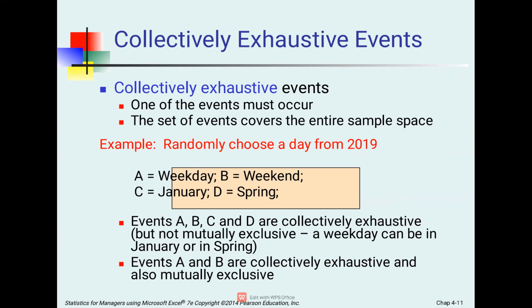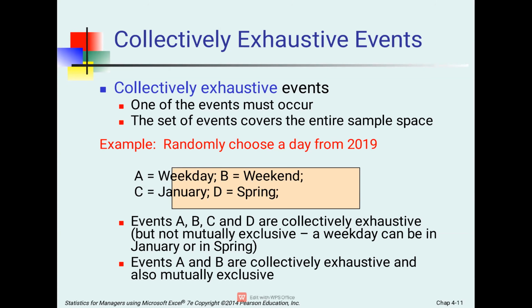Okay, so now collectively exhaustive events. What you find is that if one of the events must occur, then the set of events covers the entire sample space. So for example, you randomly choose a day from the whole year of 2022.